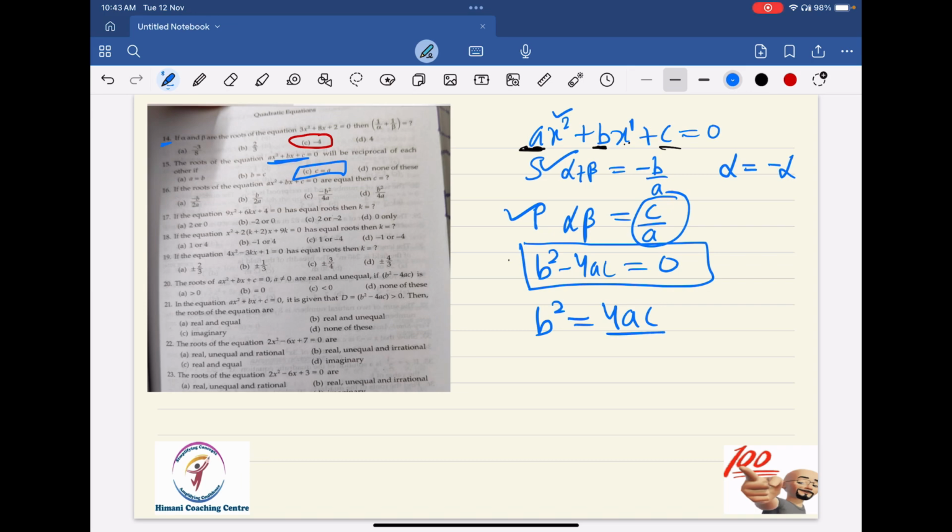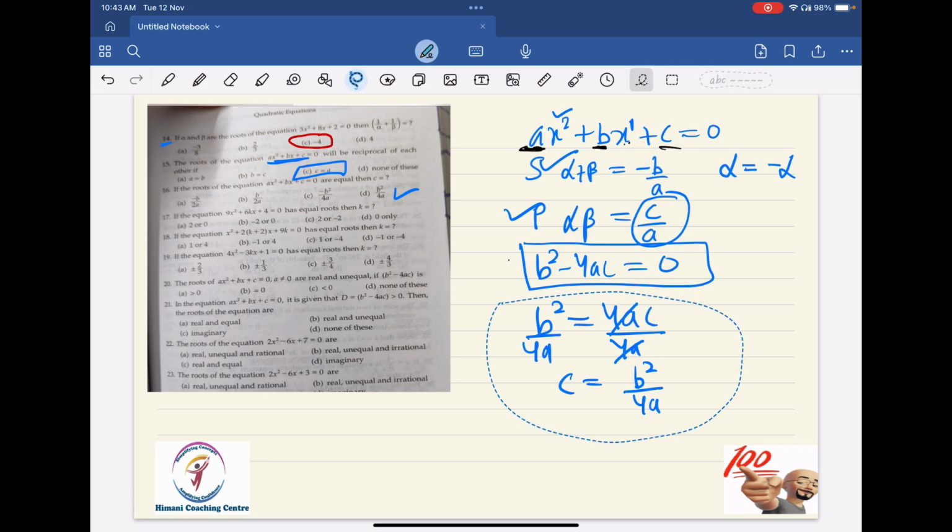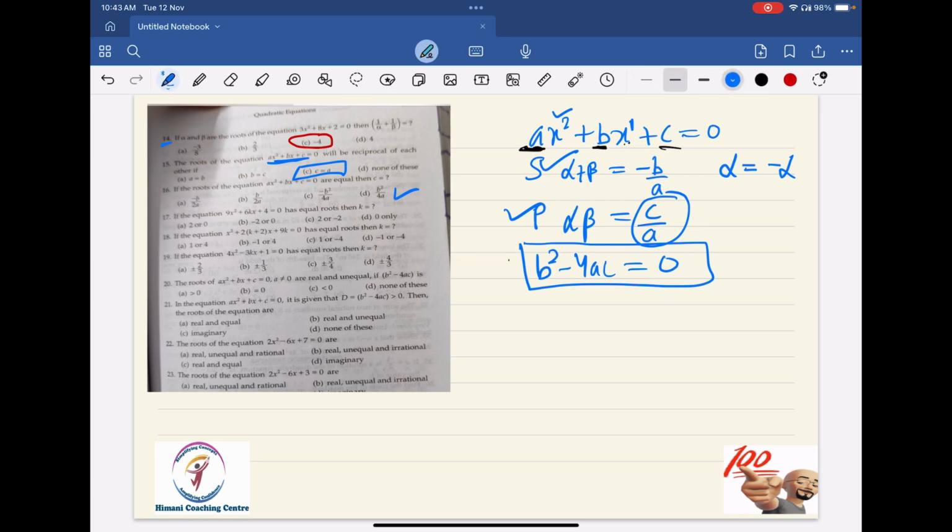We need only c, so divide both sides by 4a. Now you will get that c equals b square by 4a, and you can check that is our option.